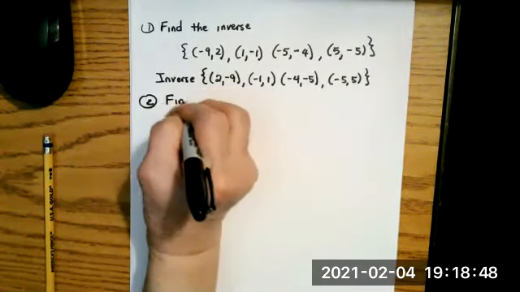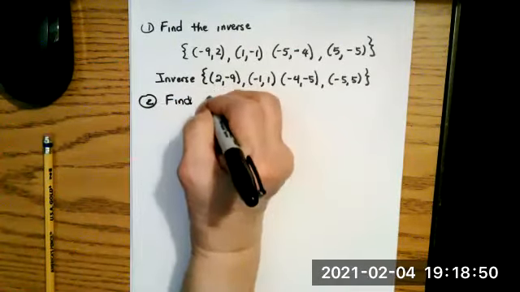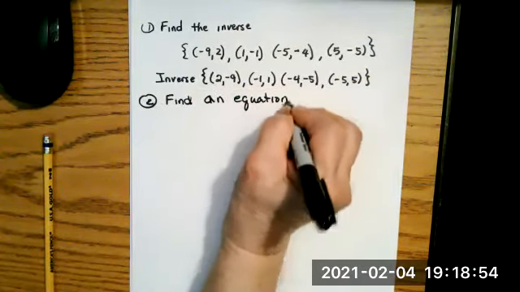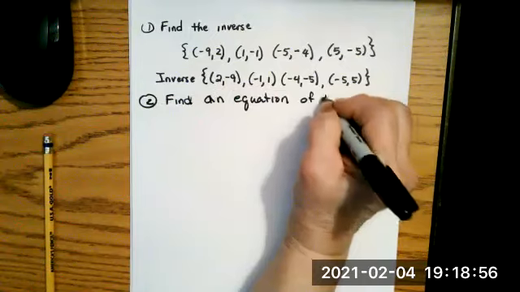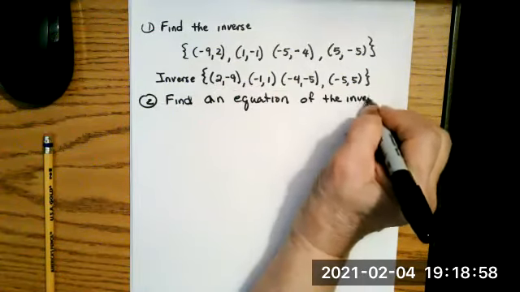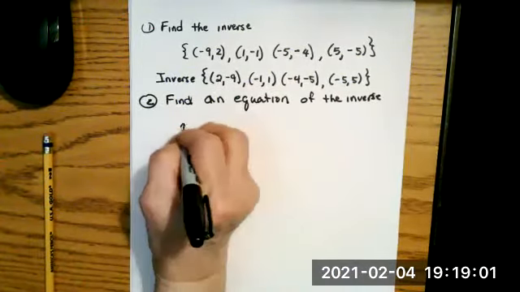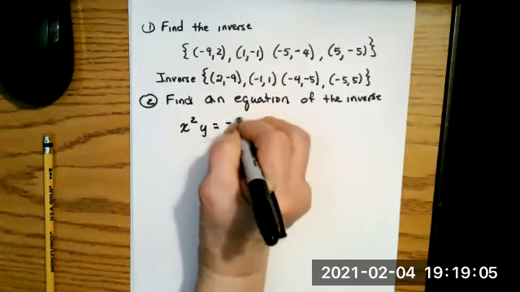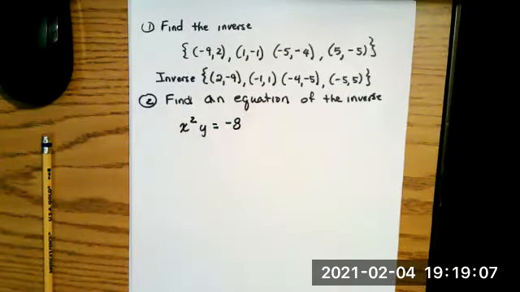Number 2 is find an equation of the inverse. And this is one you don't have to worry about doing so much to. It's already in the y form. Do you see that? It's not even written in function form. It's written in y form.